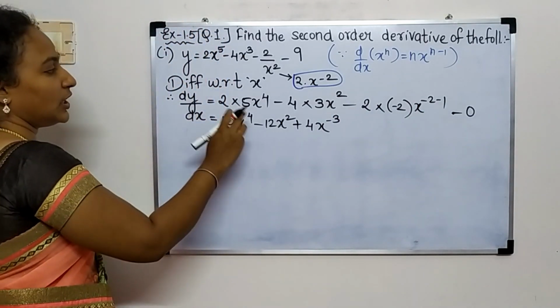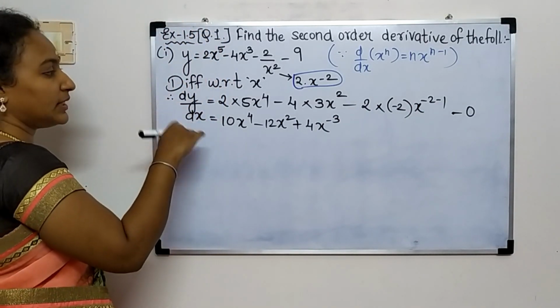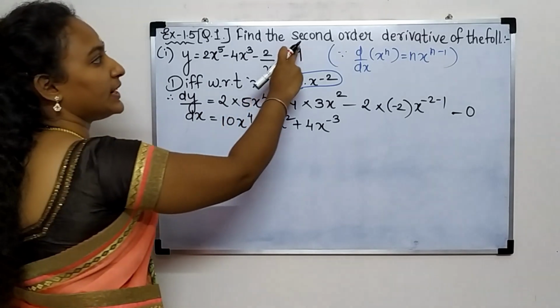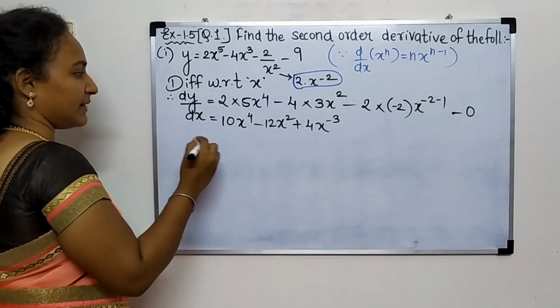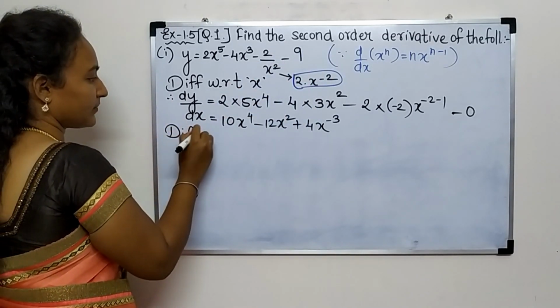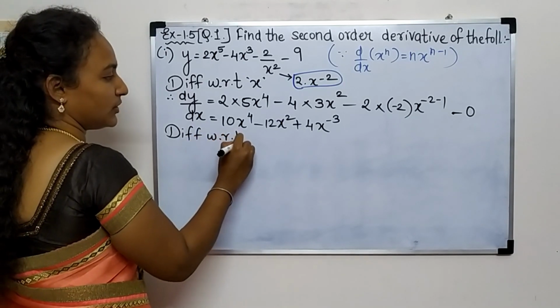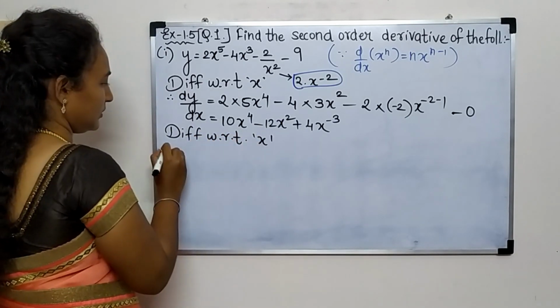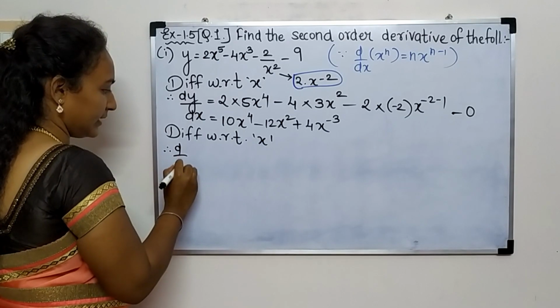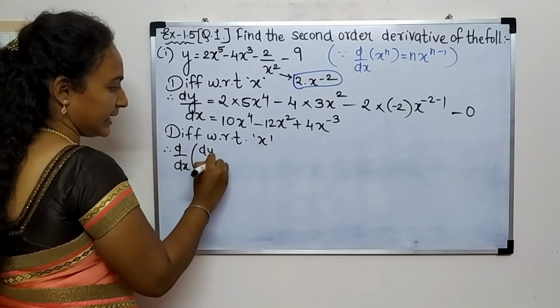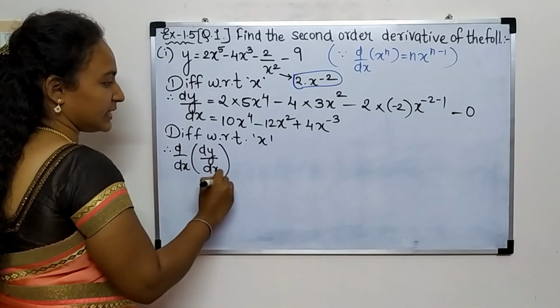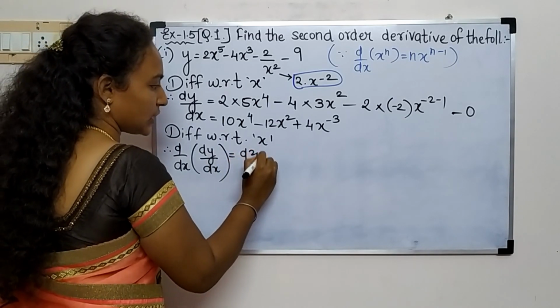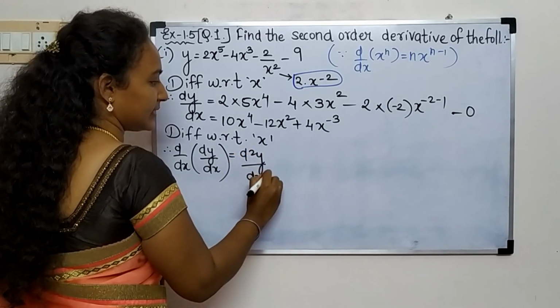Now this can be differentiated again because we need to find the second order derivative. So differentiate with respect to x again. Therefore, we have d by dx of dy by dx, which is nothing but d square y upon dx square.